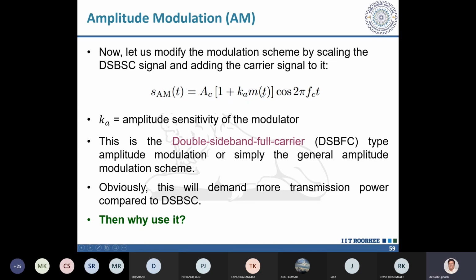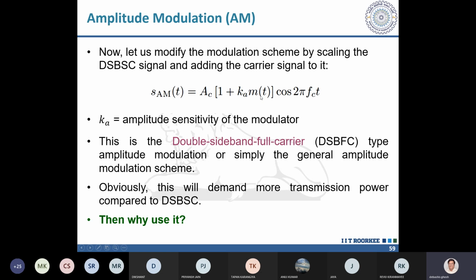So you see, the maximum value of S_AM will become Ac into 1 plus mu. That is the maximum possible amplitude of S_AM, and the minimum possible S_AM is Ac into 1 minus mu. Okay, just check it, because I have taken Ka into maximum of m(t) as mu.